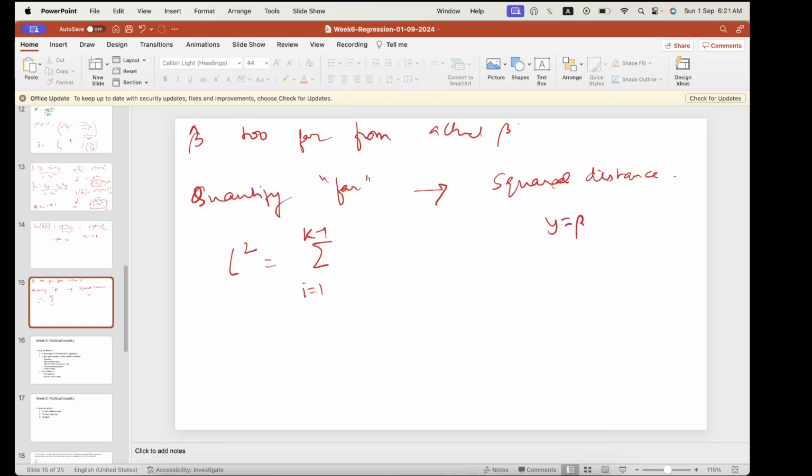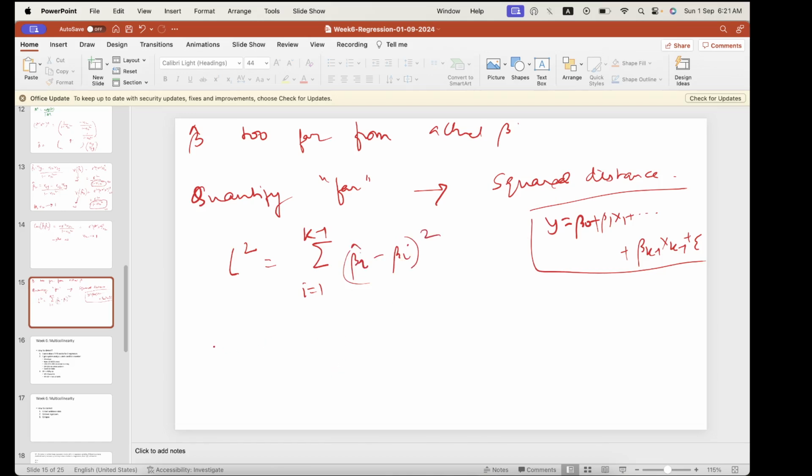The model is beta naught plus beta 1 x1 plus ... plus beta k minus 1 x(k minus 1) plus epsilon. We want the squared distance from the actual ones, so this will be the sum of (beta i hat minus beta i) whole square.